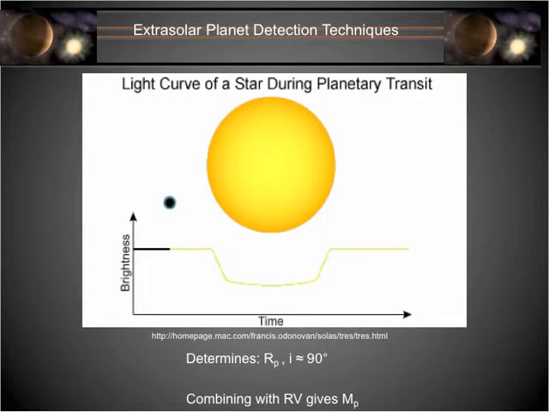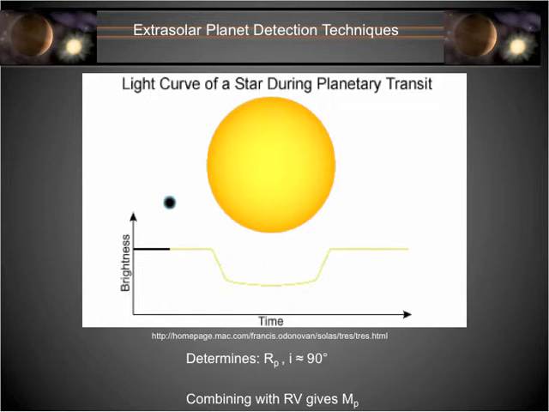And furthermore, if this occurs, then that must mean that the inclination angle of the planetary system has to be very, very close to 90 degrees. We can take it to be approximately equal to 90 degrees. Because otherwise, the planet would not cross in front of the star if it was tilted at any kind of significant angle from 90 degrees.